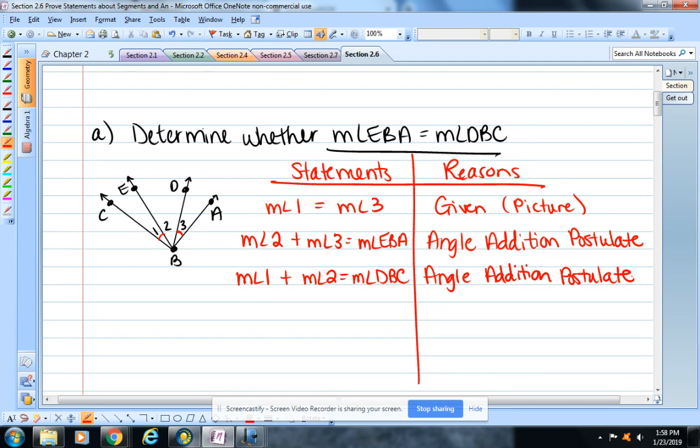What did they tell me from the beginning? Angle 1 and angle 3 are congruent. Now there's some kind of property that tells me that if two things are equal, I can replace one with the other. It's substitution. Anytime in math two things are equal in value, you can replace one with the other.